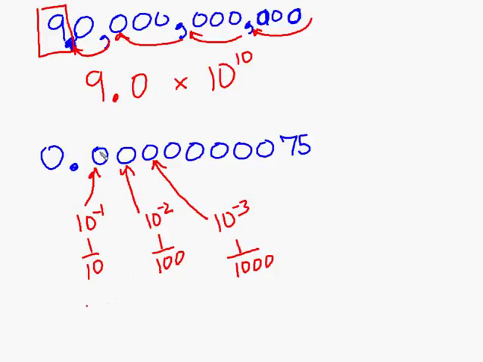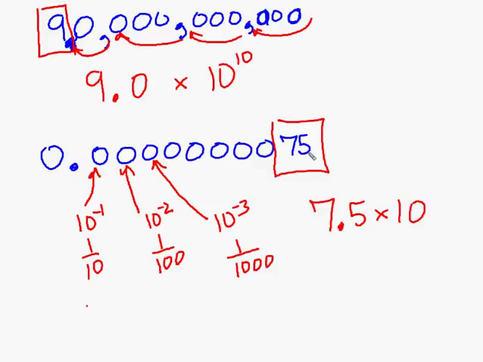So we want to do now the same thing, but it's going to be negatives. What's the important part? Well, this part right here. So I'm going to write that as a number between 1 and 10. So that's 7.5 times 10. Now I'm going to count the other way.